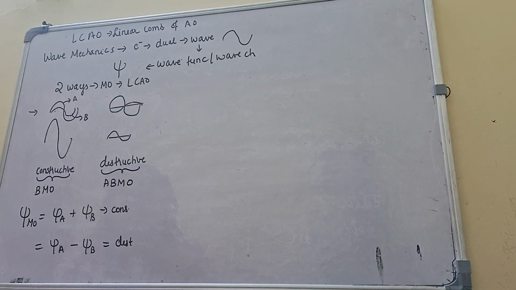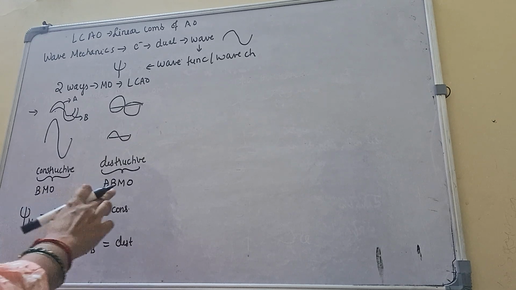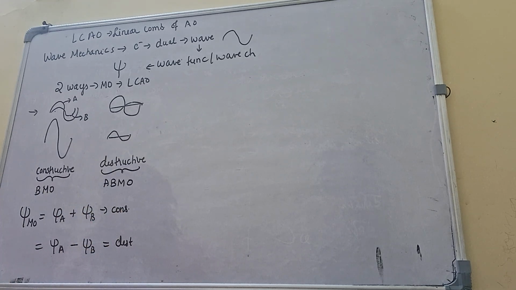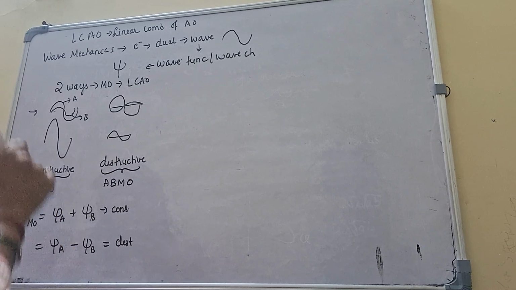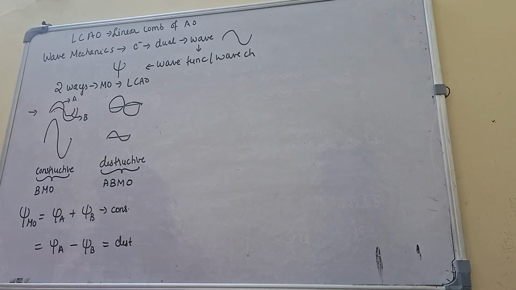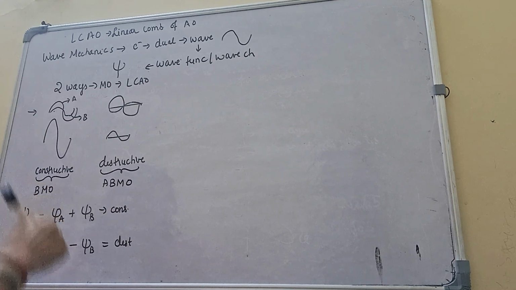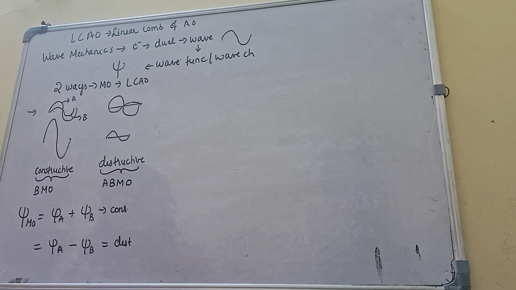If the two waves are such that the amplitude shoots up, it is constructive, and it results in the bonding molecular orbitals. The destructive one results in the formation of the anti-bonding molecular orbitals. Addition of atomic orbitals is what we call constructive interference, correct? Subtraction is what we call destructive.